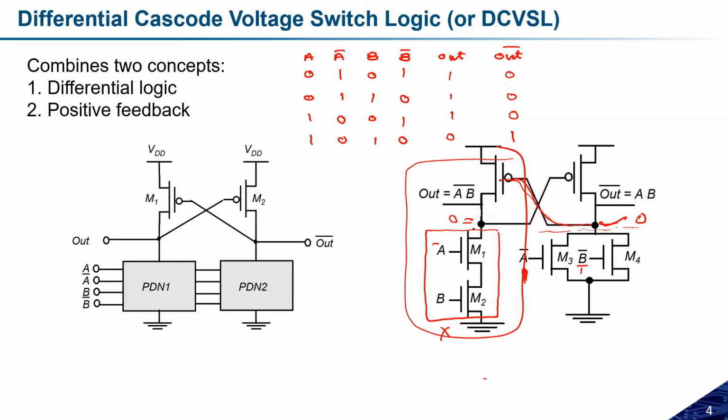Similarly, if this is 0, it will activate this transistor and this logic will work. So this output is like an AND gate and this one a NAND gate. This is how we can design a particular logic based on differential cascode voltage switch logic.